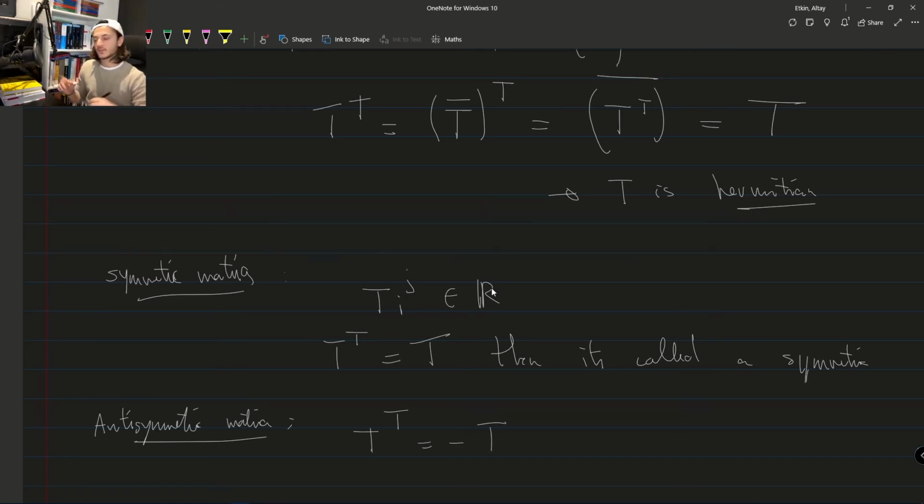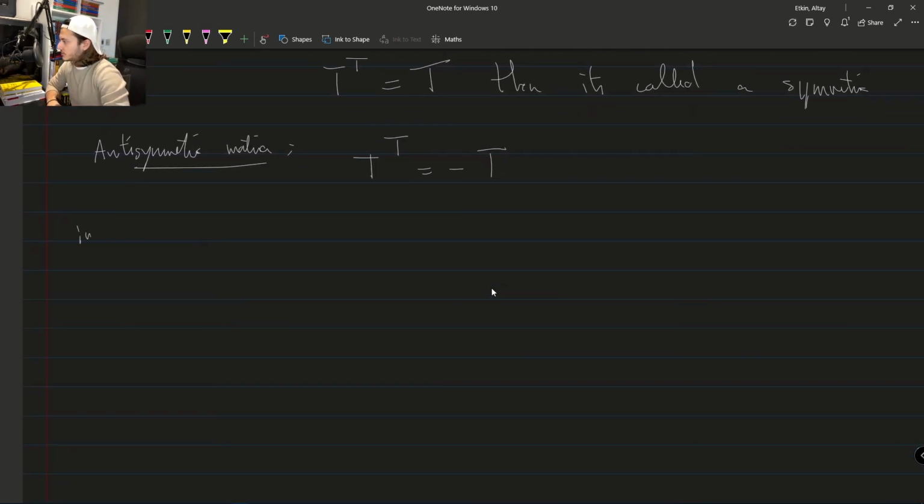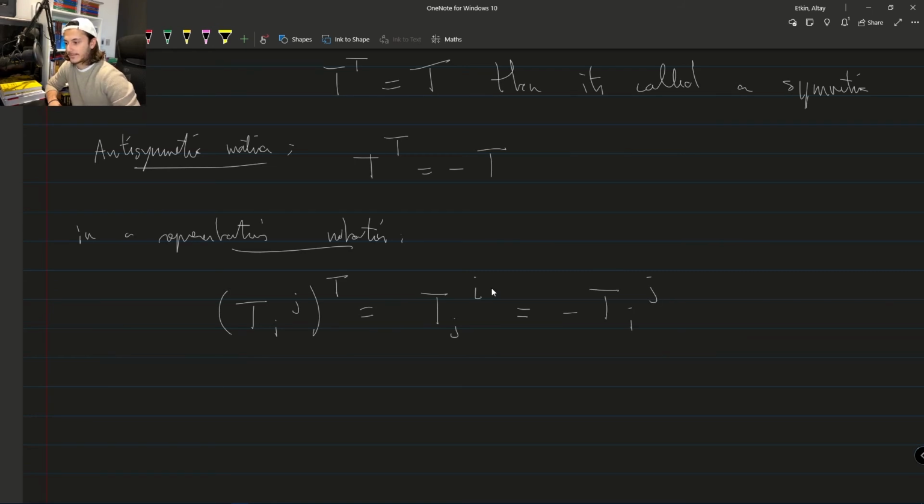So if you like, in a representation notation, the following is the notation that we use. If you have Tij and transpose this, that means you have Tji, and if that is equal to minus Tij, then T is antisymmetric.